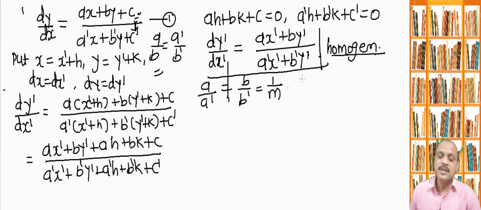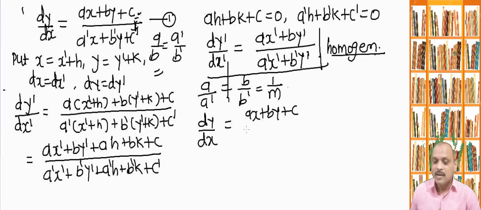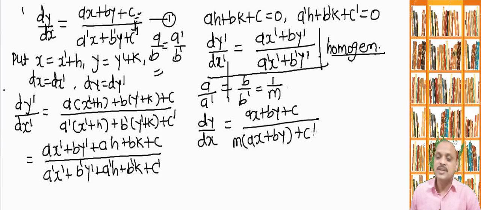Then equation number 1 will be dy divided by dx equal to ax plus by plus c divided by m into (ax plus by) plus c dash, since a dash equals a into m and b dash equals b into m, and we get m as a common term.